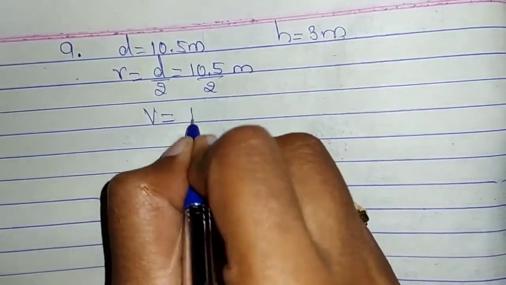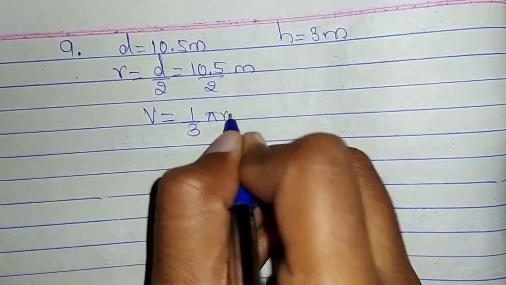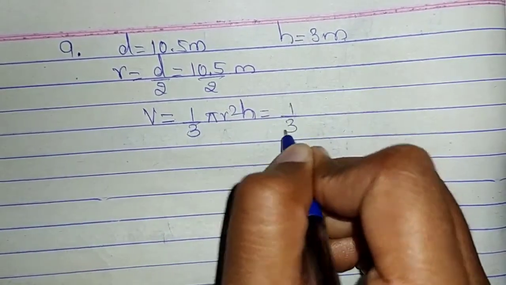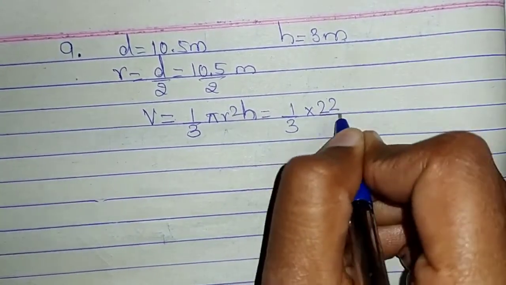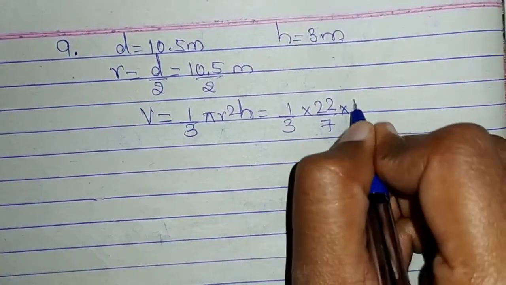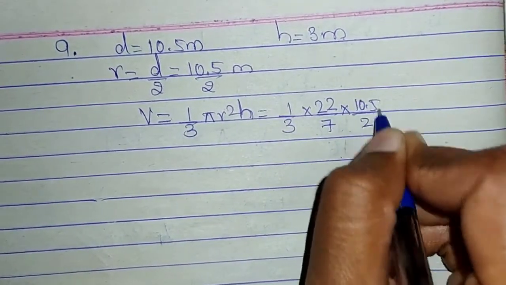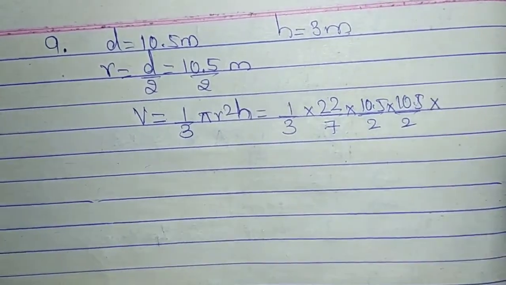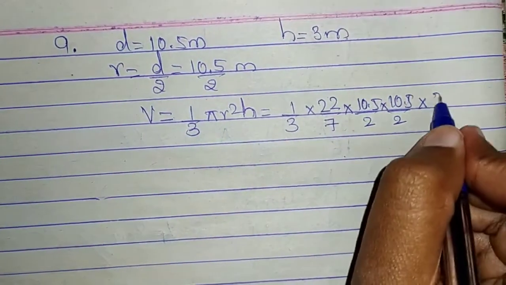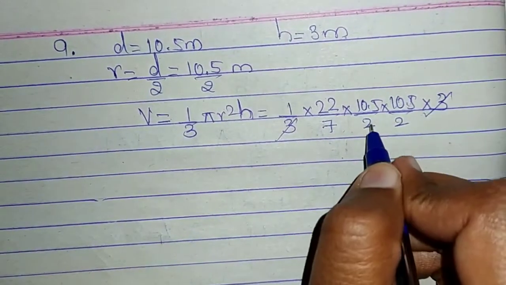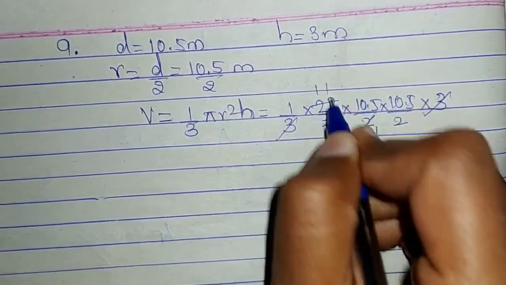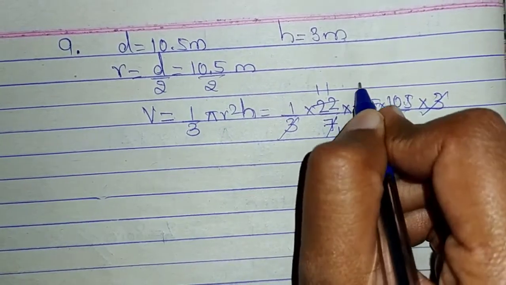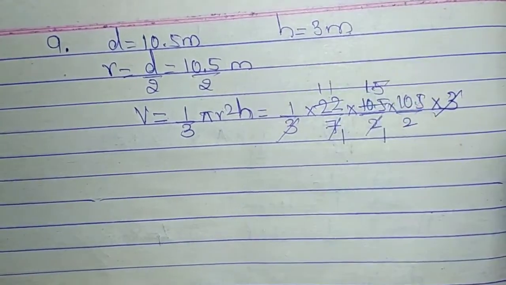V is equal to 1 by 3 pi R square H, which is equal to 1 by 3 into 22 by 7 into R square, which is 10.5 by 2 into 10.5 by 2, into height 3. 3 cancels each other. 2 ones are 2, 11s are, 7 ones are 7, 1.5.